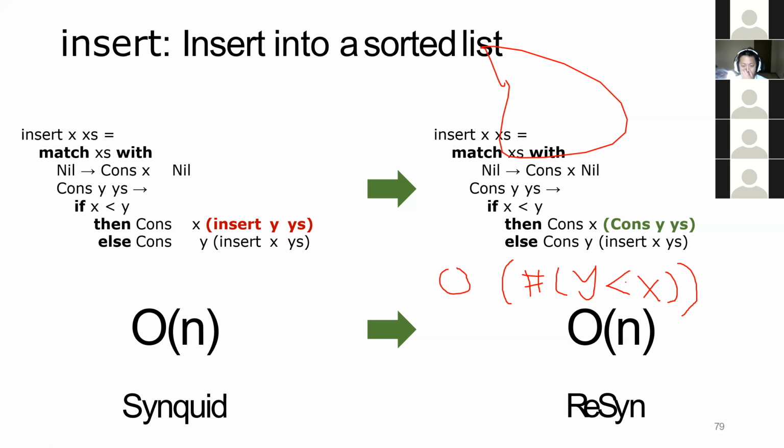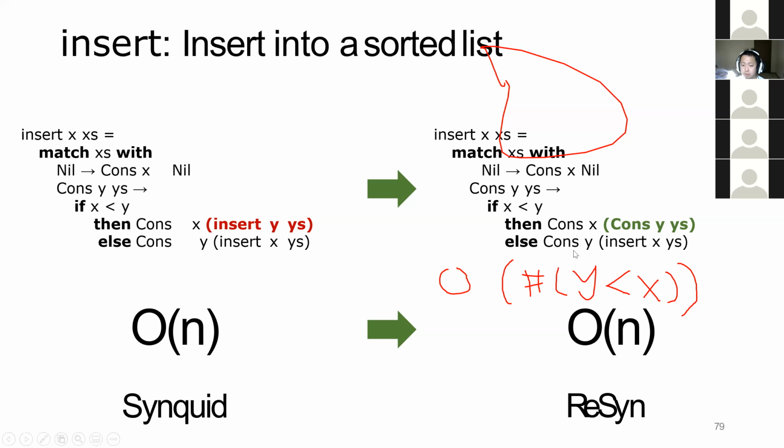Okay. If we have another quantity, which is the number of elements in the list such that y is less than x, the actual complexity of this implementation is big O of the number of elements less than x in the list. They call such complexity a dependent bound, where the bound is dependent on the input.